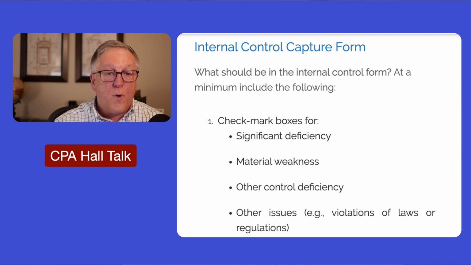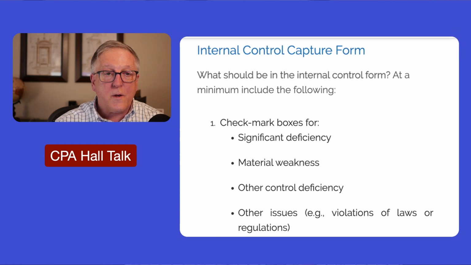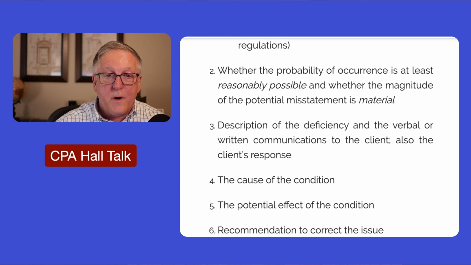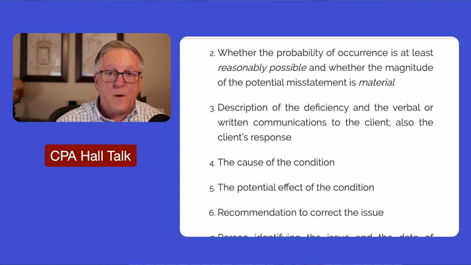You might have a fourth category for potential violations of laws or regulations, or controls that would allow violations of laws or regulations. You also want on there whether the probability of occurrence is at least reasonably possible. If it is, then you may have a material weakness.